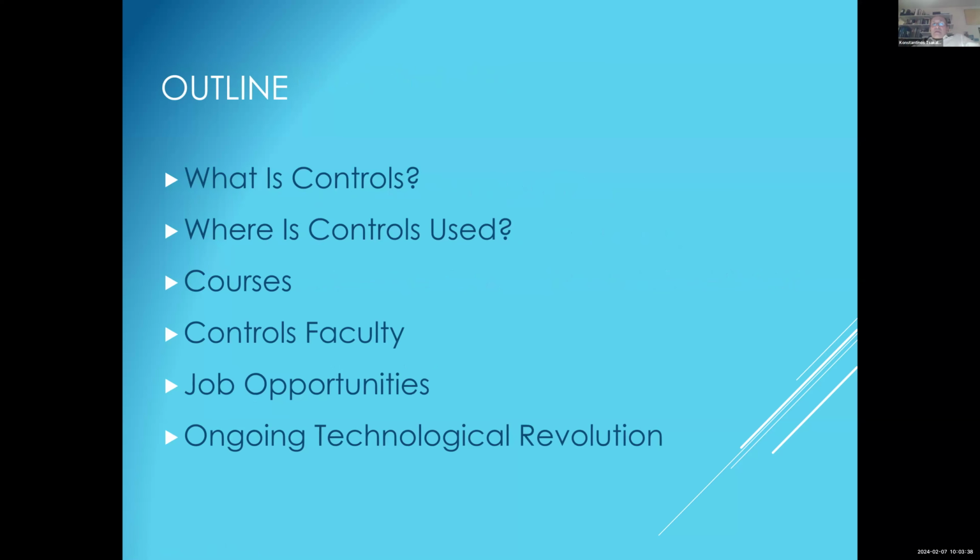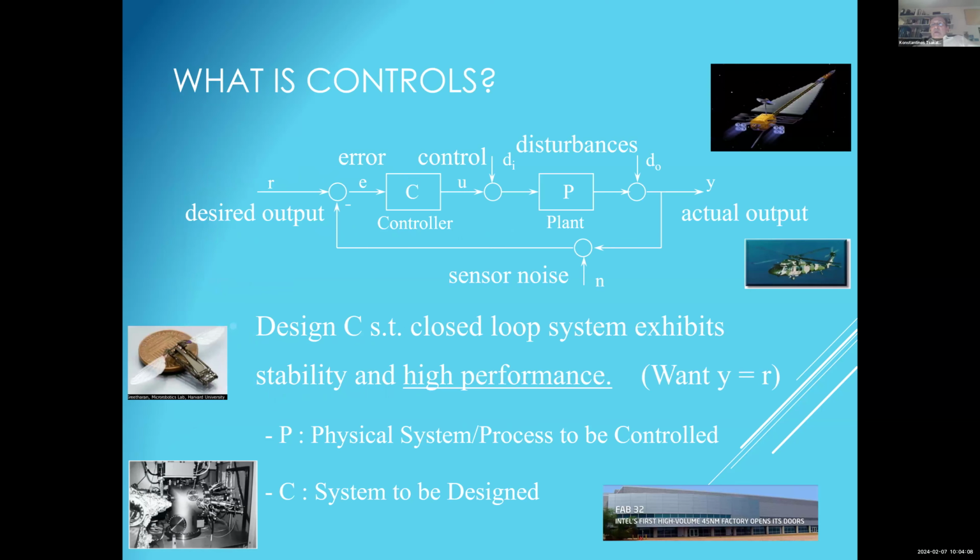Okay, so we're going to talk about the main issues, get a brief introduction of what kind of problems we're looking at in the controls area, the typical applications, and of course, what's of interest here is the courses that are associated with the controls area within the general systems area. This is a very typical feedback loop.